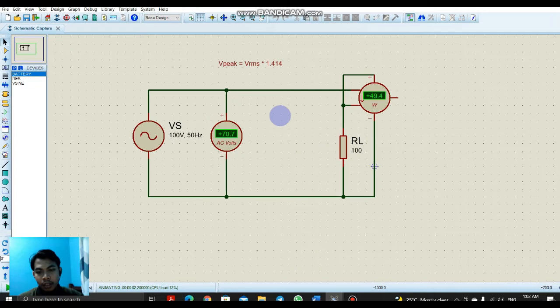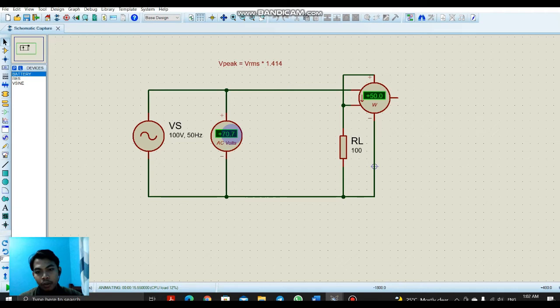Now there is a value in the meter. The value in the AC voltmeter is actually the VRMS. In order to get the V peak, we need to multiply the VRMS by the square root of 2, which is 1.414.